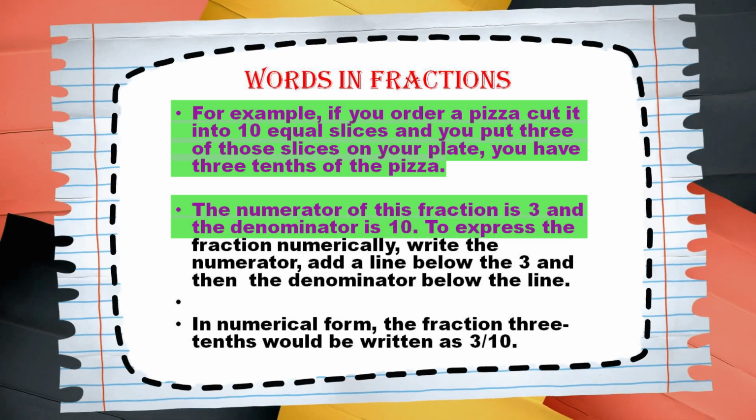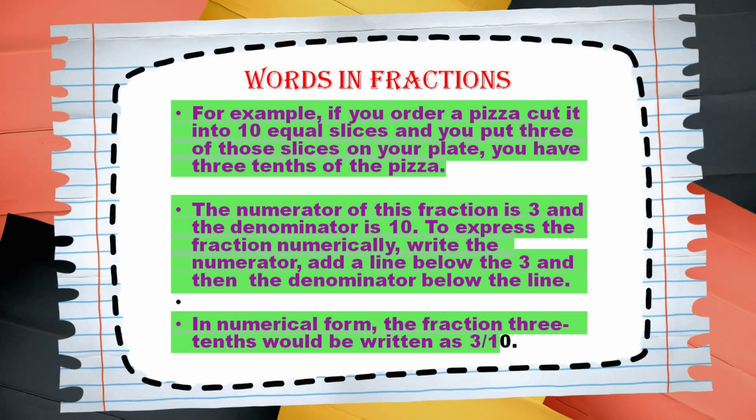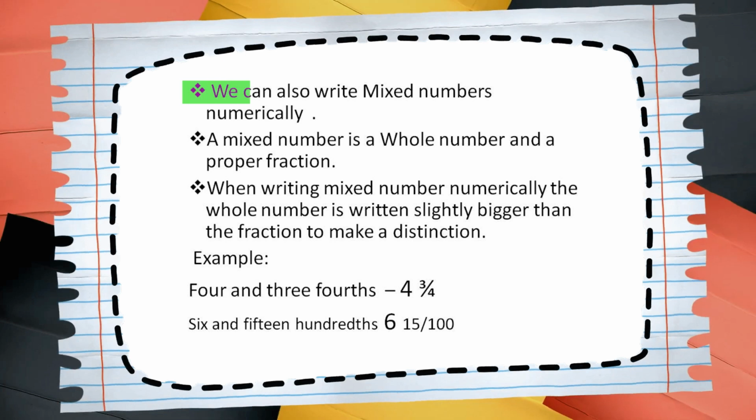To express the fraction numerically, we write the numerator at the top, of course, add a line, and then the denominator below the line. In the numerical form, the fraction three-tenths would be written as 3/10.